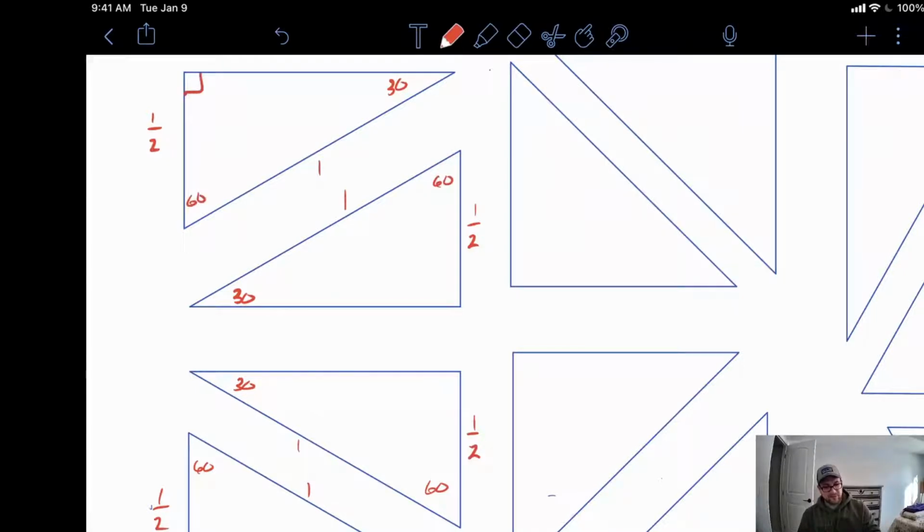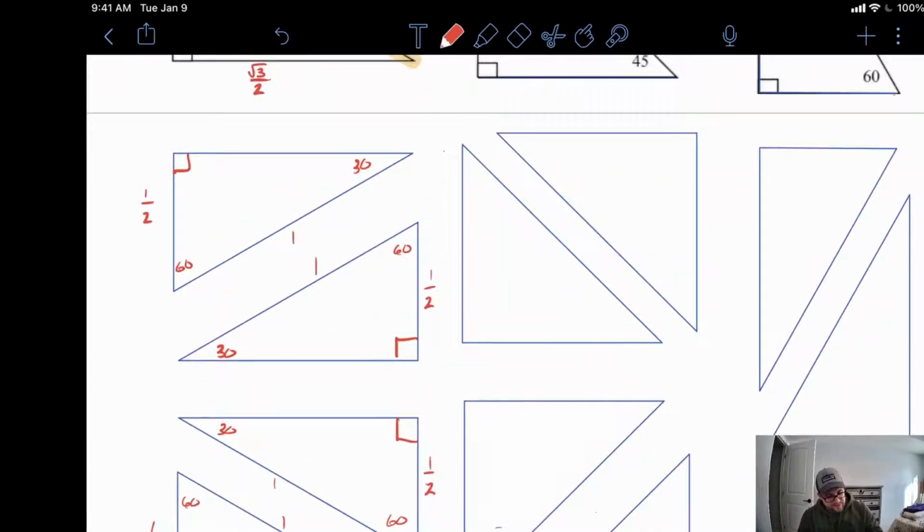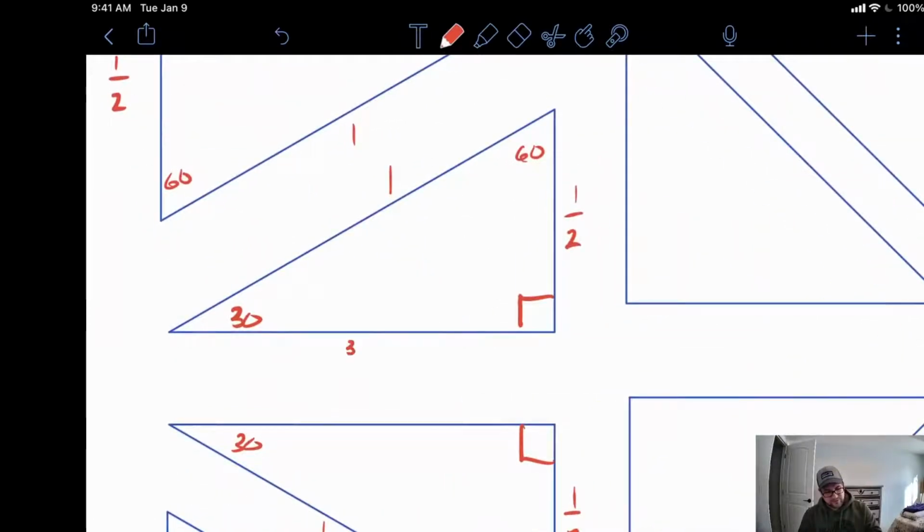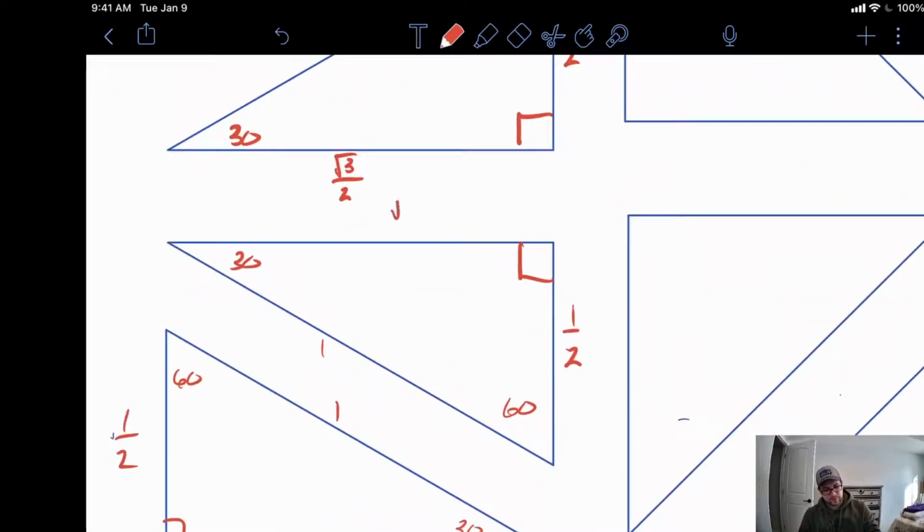Of course, this is my right angle in each. And then the last thing we found is that the long leg of this triangle was the square root of 3 over 2, so that's going to follow suit on each of these: square root of 3 over 2.